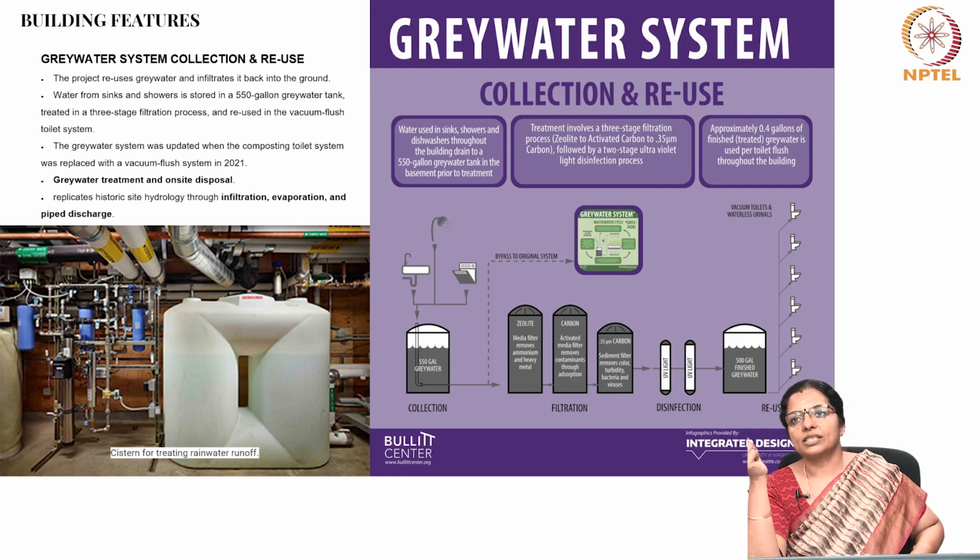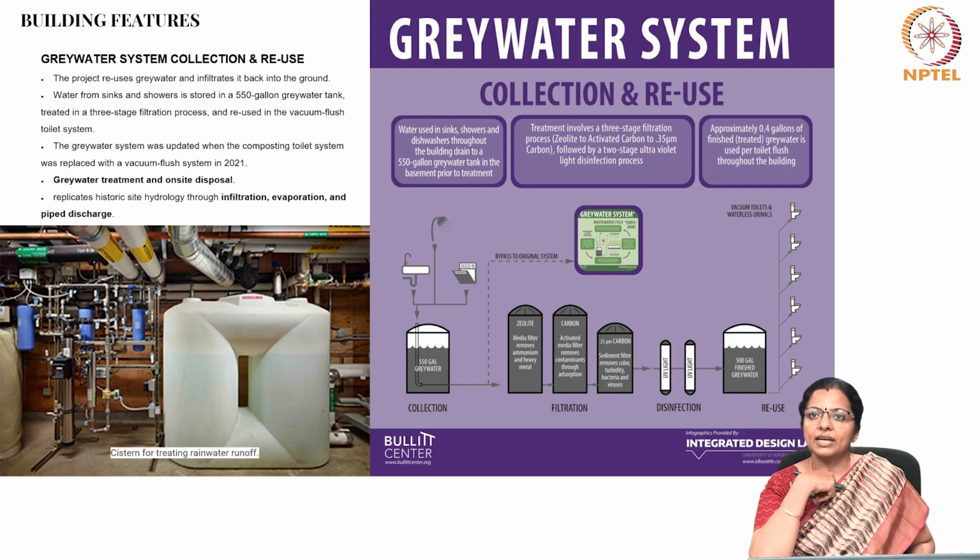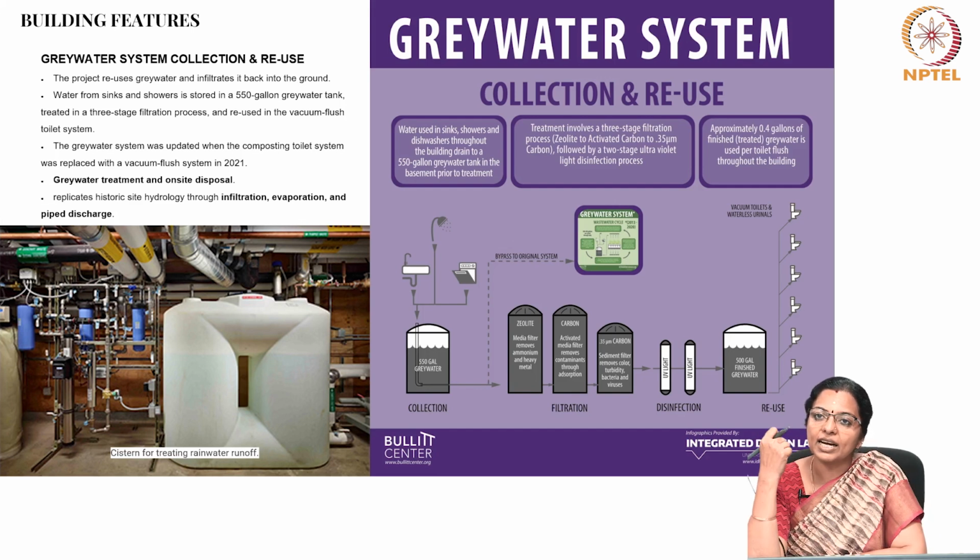The grey water system was updated when the composting toilet system was replaced with a vacuum flush system in 2021. Grey water treatment and on-site disposal replicates the historic site hydrology through infiltration, evaporation and piped discharge.